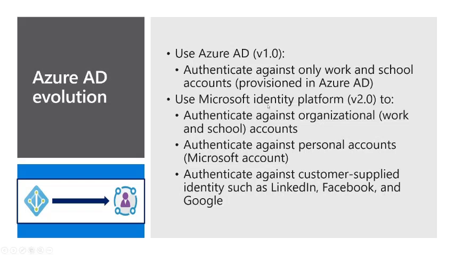Now you can use Microsoft Identity Platform v2 to authenticate against organizational work and school accounts, against personal accounts such as Microsoft account, and against customer supplied identities such as LinkedIn, Facebook, and Google, which is again covering everything. So before we were only bound to use Active Directory, and now we have other options with Microsoft Identity Platform.